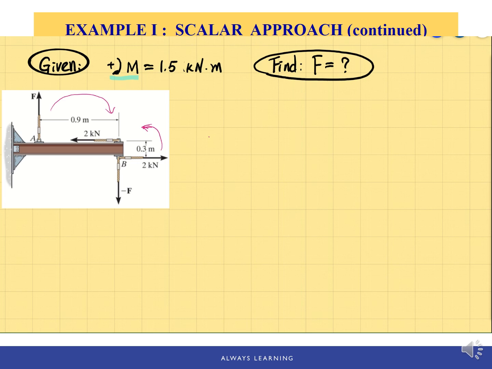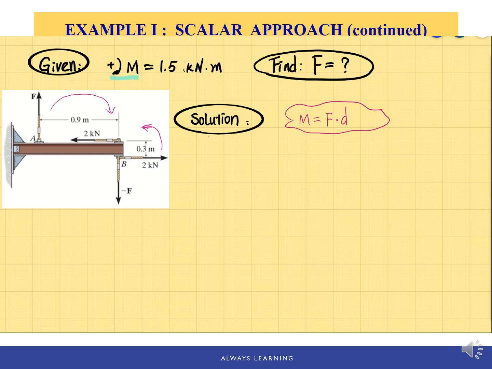After we figure that out, we can find the net, the total moment. The formula we're going to use is the scalar approach: the couple moment equals the magnitude of the force times the distance between the two forces, and you also want to figure out the direction, which we already did.